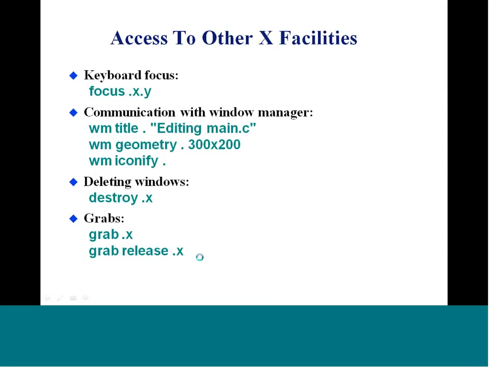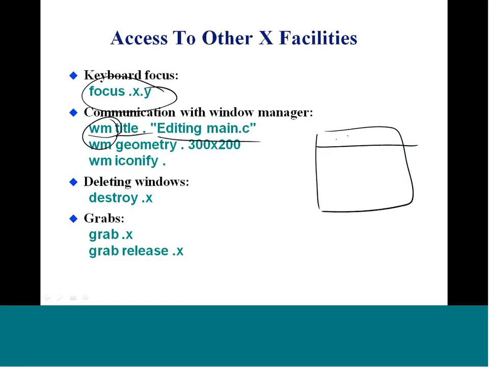And for accessing the other X facilities, there is also focus.x.y, which generates the keyboard focus. We can also communicate with the window manager, which is the wm command. So the title for this window is editing main.c; when you have the window, the title bar has editing main.c.